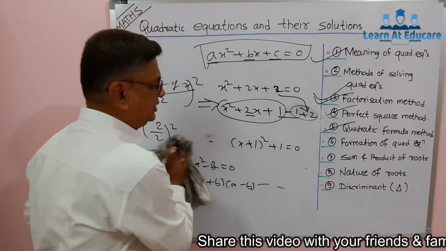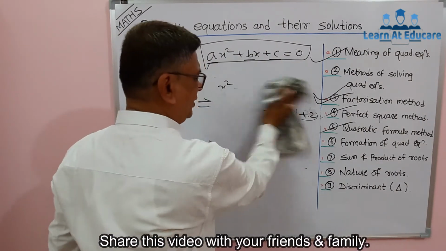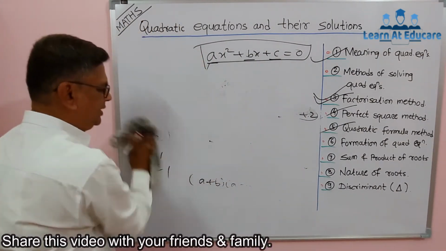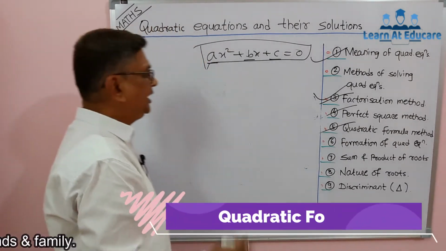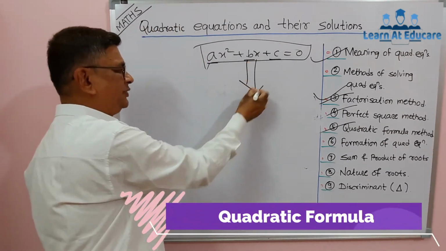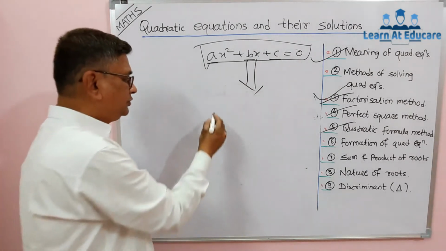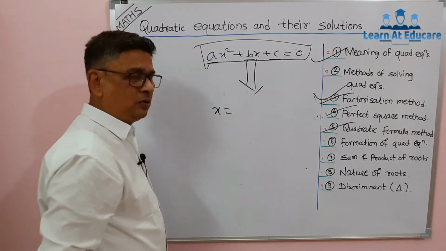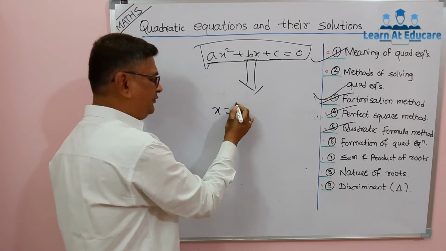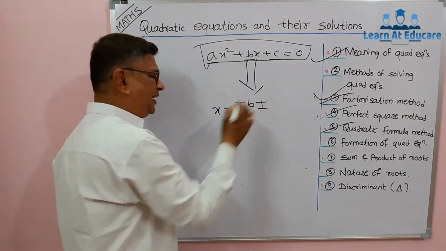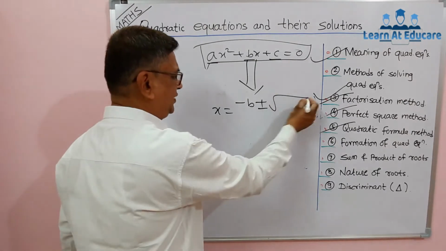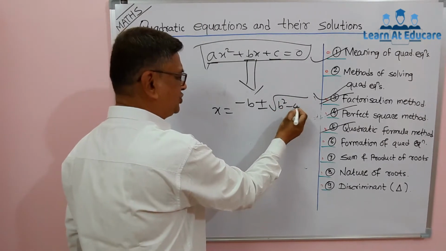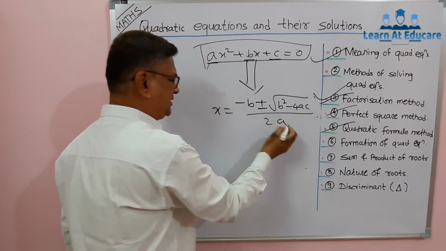The next method is called the formula method, and that formula is called, for your information, the quadratic formula. If the equation is of the type ax² + bx + c = 0, then the quadratic formula is one of the very systematic methods to solve the quadratic equation, and that formula is x = (−b ± √(b² − 4ac)) / 2a.